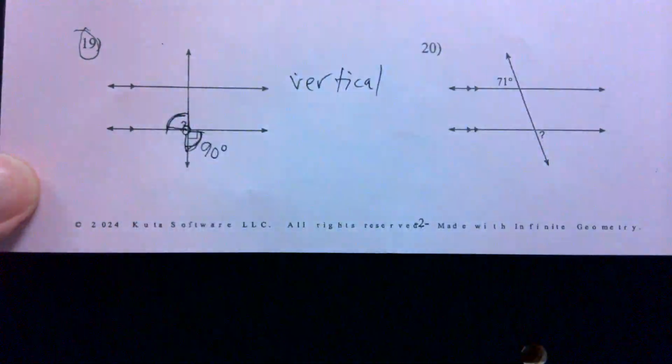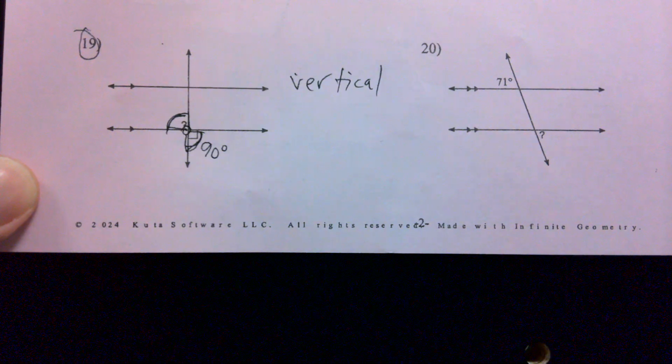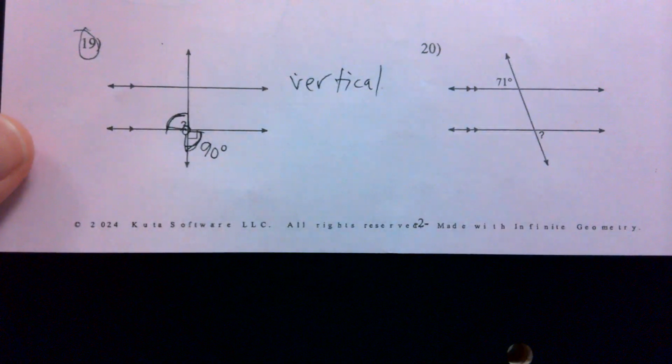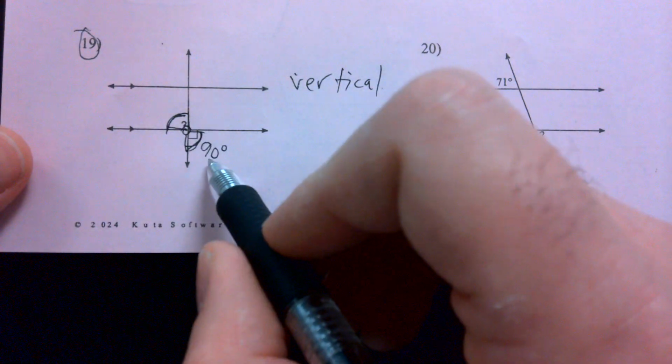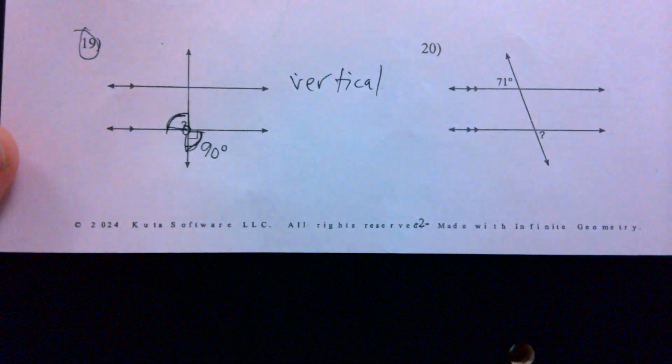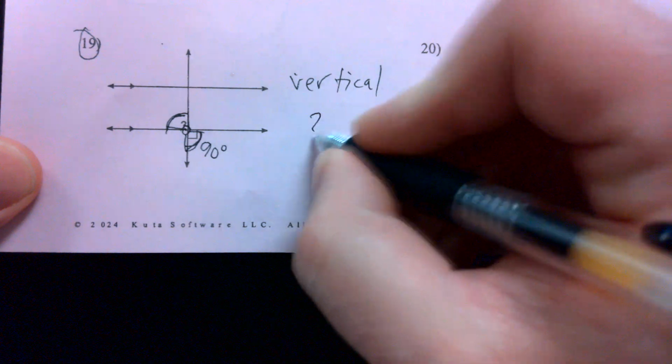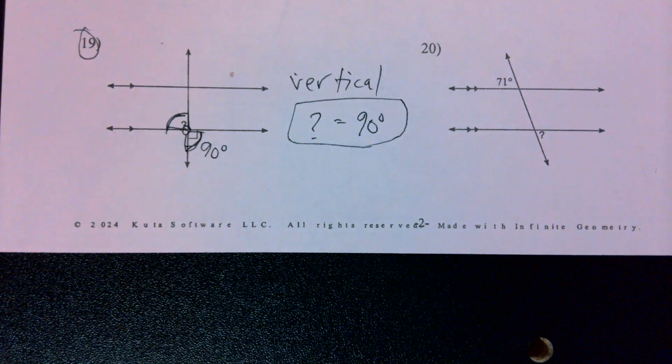They make this little bow tie that we talked about, or a butterfly, or an hourglass, sand timer, whatever you want to call it. They make that little shape. That's vertical angles. One on the in, one on the out, one on the left, one on the right. Vertical angles are equal, so if this side's 90 degrees, question mark is also that right angle of 90 degrees.